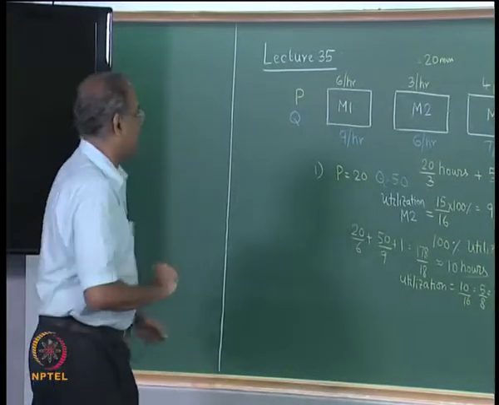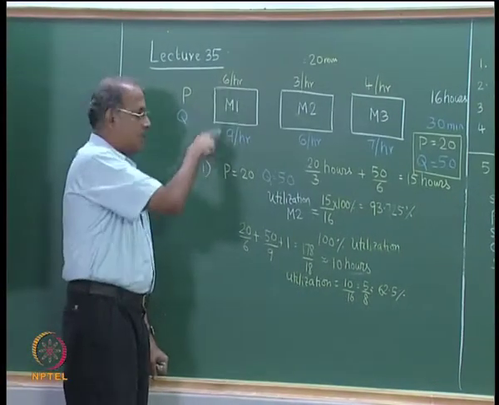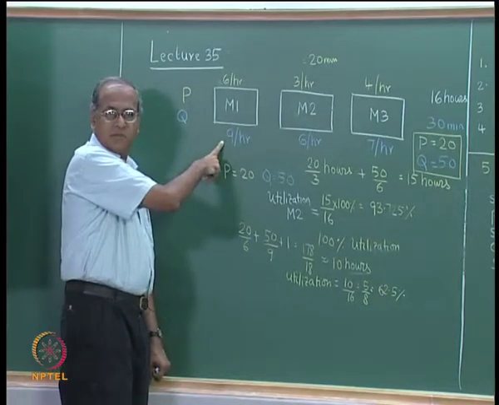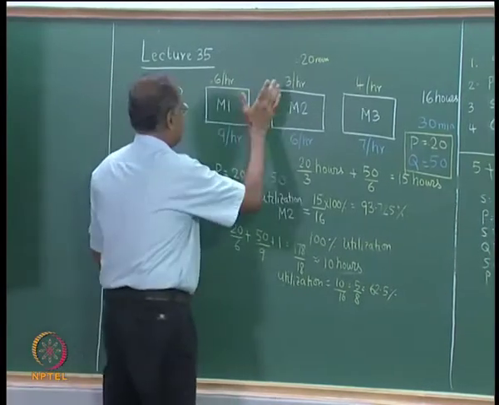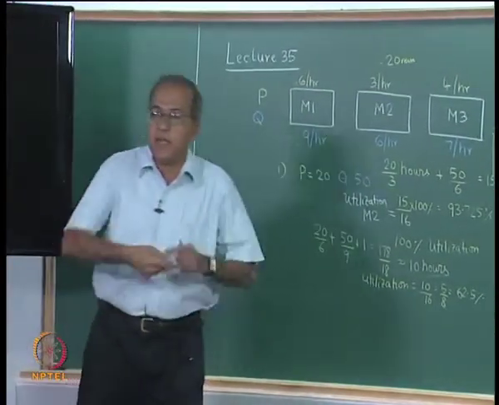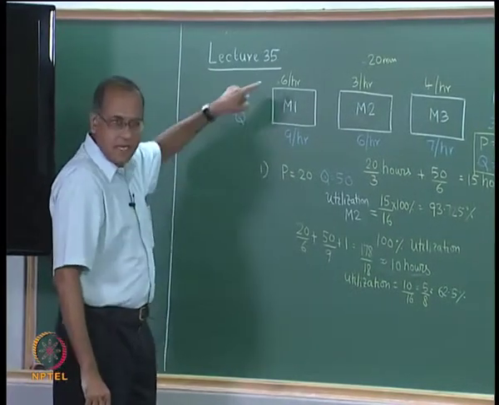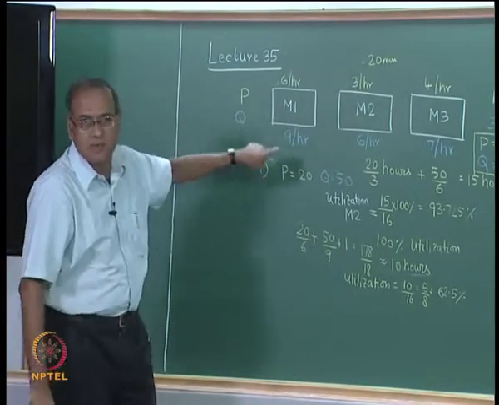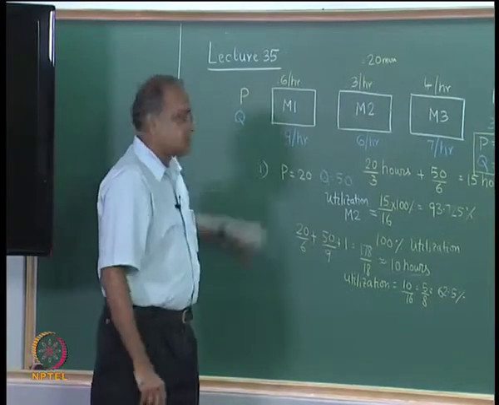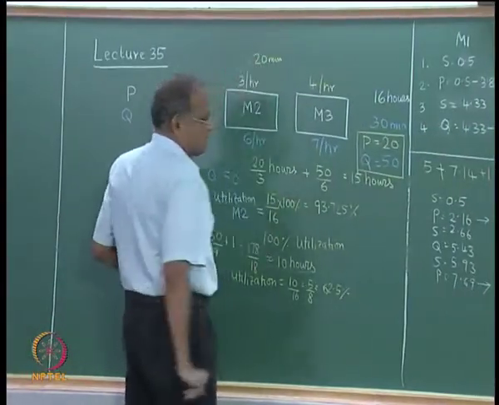But if on the other hand, this is like 10 per hour, this is like 12 per hour. For example, clearly if this is double the speed of M2, then we will be able to do 10 of P, 25 of Q, followed by another 10 of P, followed by another 25 of Q on this. So the learning is, it depends on where the bottleneck machine is.